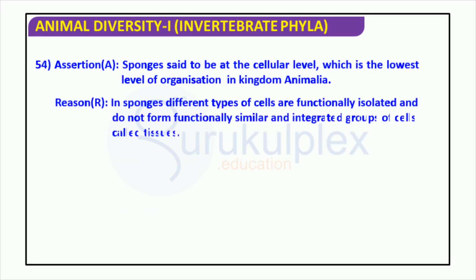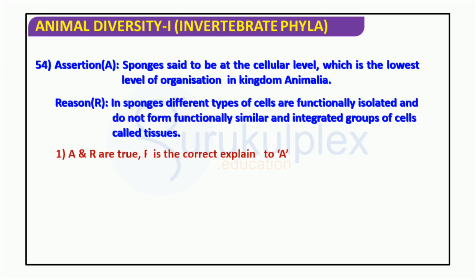Sponges possess the lowest level of organization in the animal kingdom, cellular, as different types of cells are isolated and don't form functionally similar and integrated groups of cells, referred to as tissues. This is supported by the reason that these cells are isolated and lack the formation of tissues.